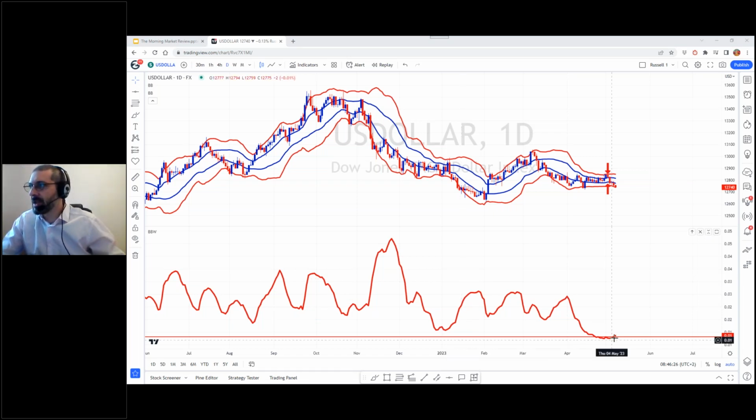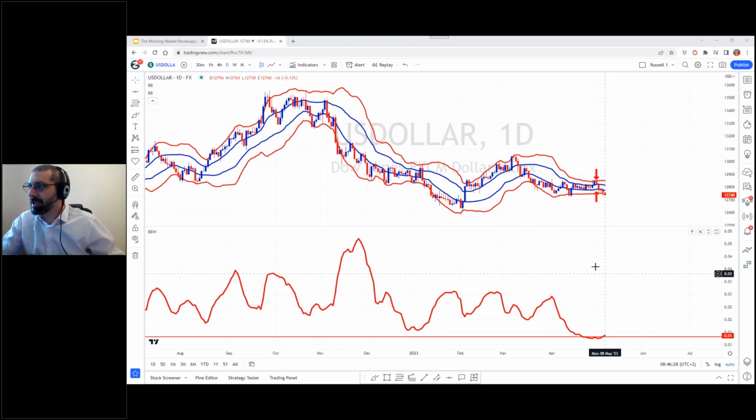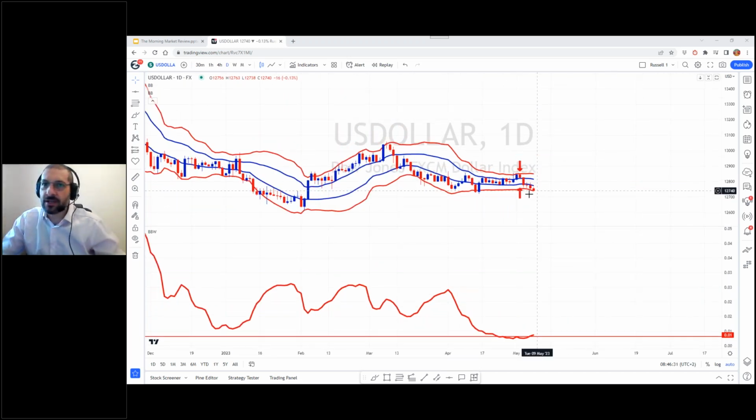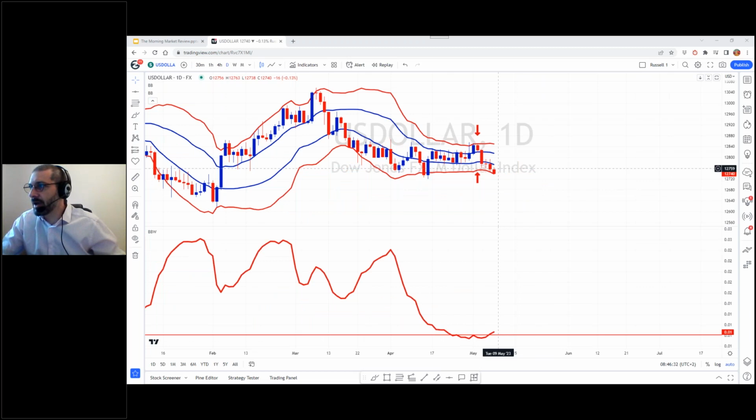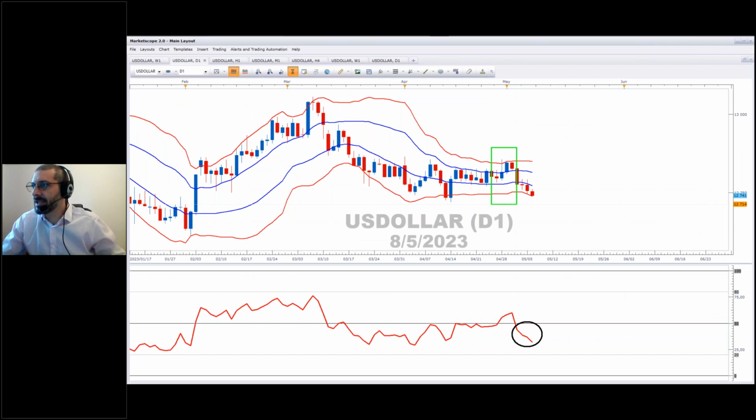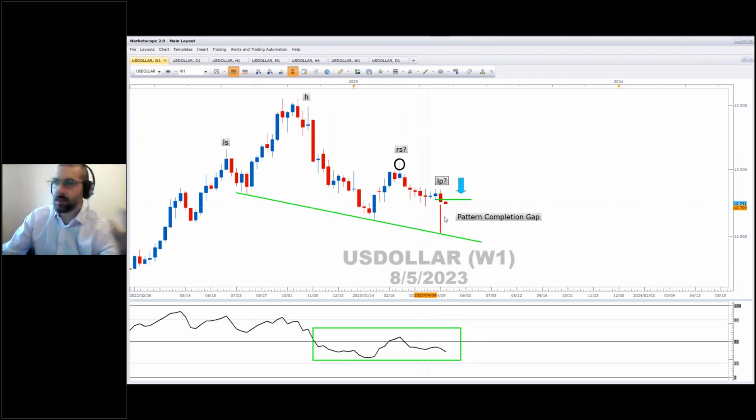In other words, if we stay in zone 3, the lower blue, the lower red, and those Bollinger Bands start diverging away from one another, we're getting that expansion in volatility, and it looks as if we may be getting a pattern completion here. So there is pressure on the US dollar.